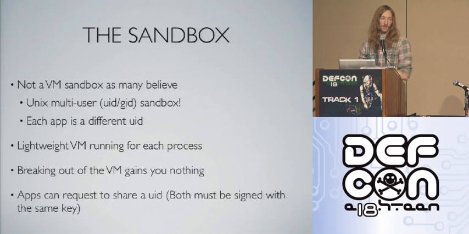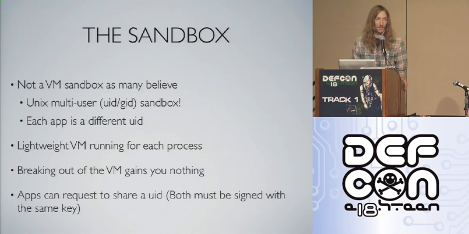Each application running is going to have its own lightweight VM, which is the Dalvik VM, which is just a Java-like VM that is based off of passing through registers rather than on the stack. And if you're able to break out of this VM, you gain nothing. If you're able to get native code execution, you're still going to be running in the same process with the same user privilege that the VM itself had.